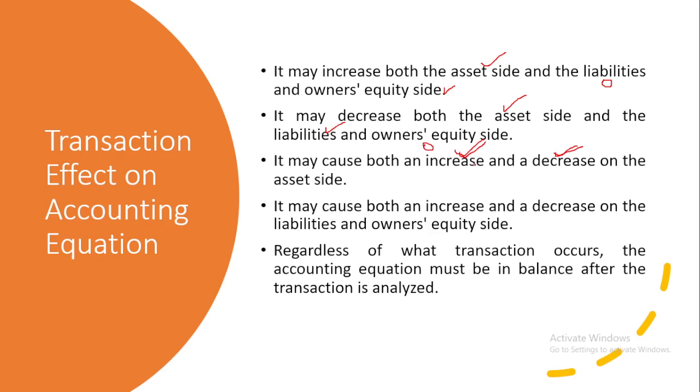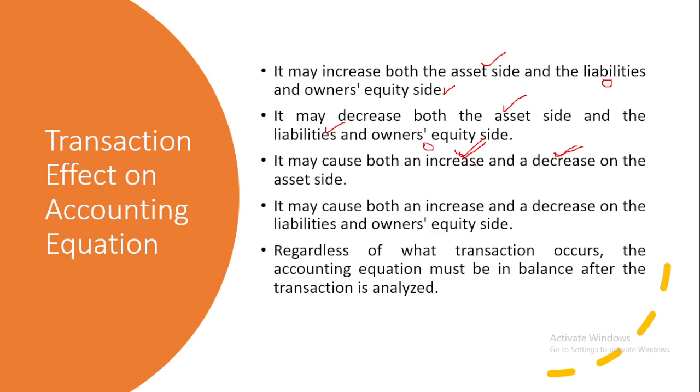So here it says that sometimes it may cause both an increase and decrease on the liabilities and owner's equity side. Like here I'll just try to make an example. One that will affect both is that we use profit that we generated over the year to pay liabilities.